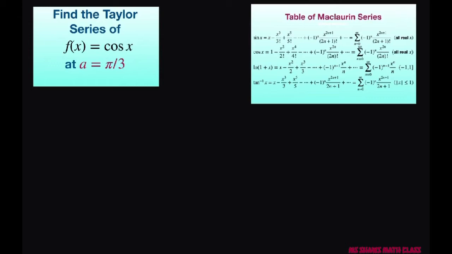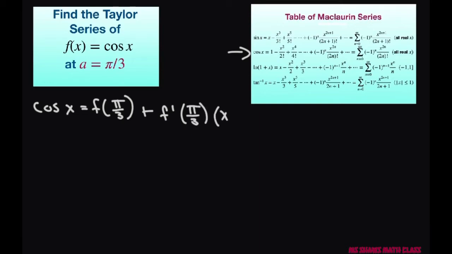So cosine of x equals f(π/3). And I'm just expanding it with what we have. Plus f prime of π/3 times (x − π/3).